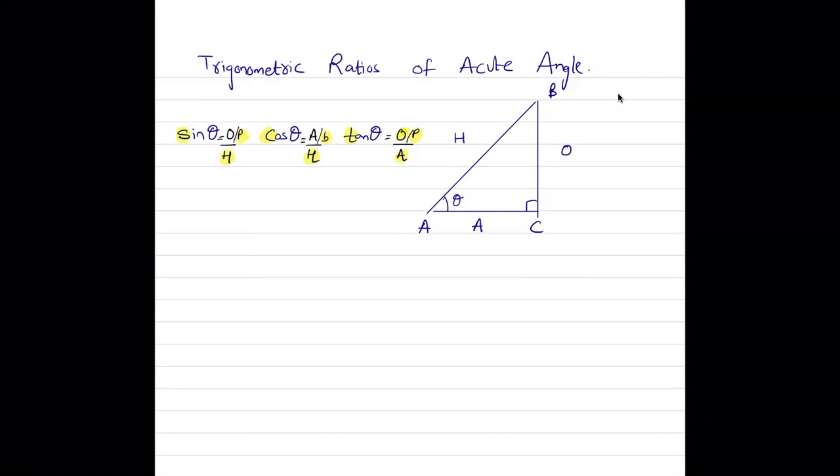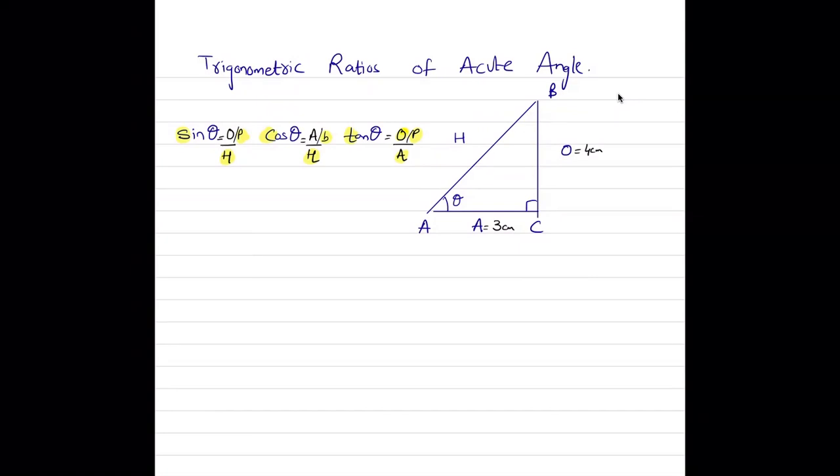Acha, if I give you an example, let's say the adjacent side is 3 centimeter, opposite side is 4 centimeter. What is hypotenuse going to come out as?